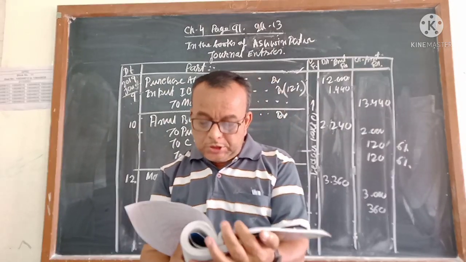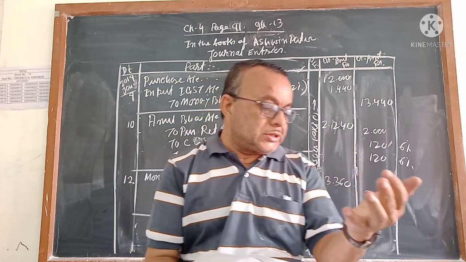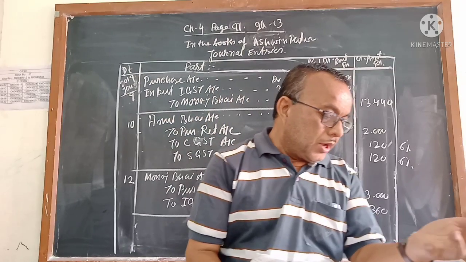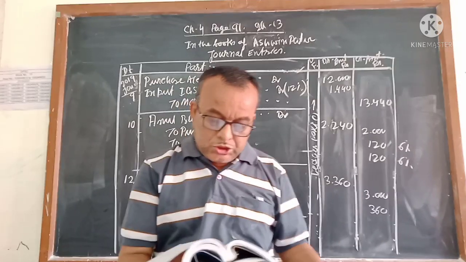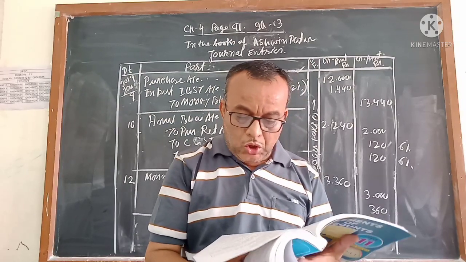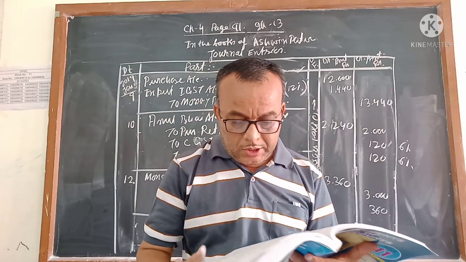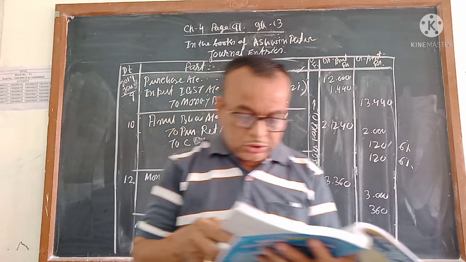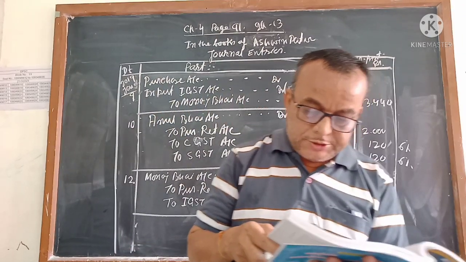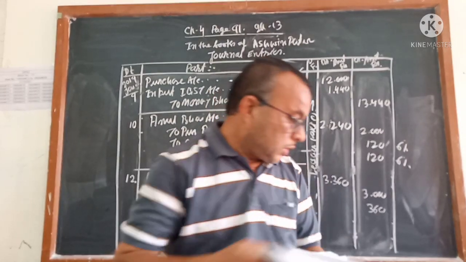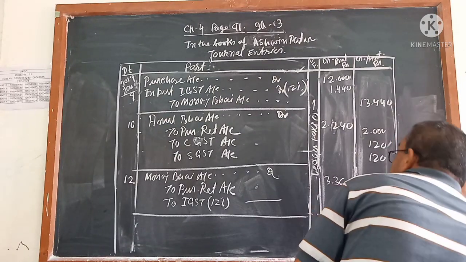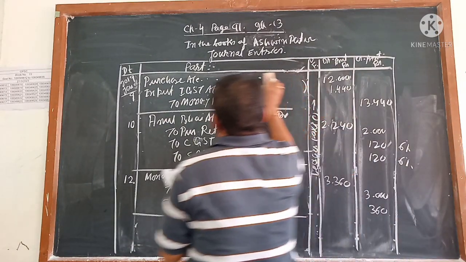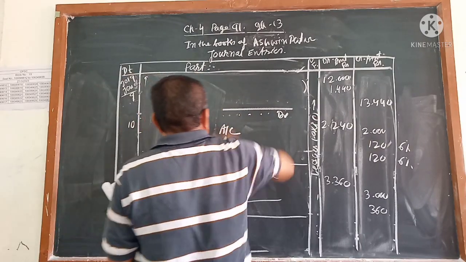Goods of rupees 15,000 sold. Now sales transactions is coming. Okay? Now goods of rupees 15,000 sold to Keval bhai of Kesod, and payment is received by check. Now let me write it first, then I will tell you.